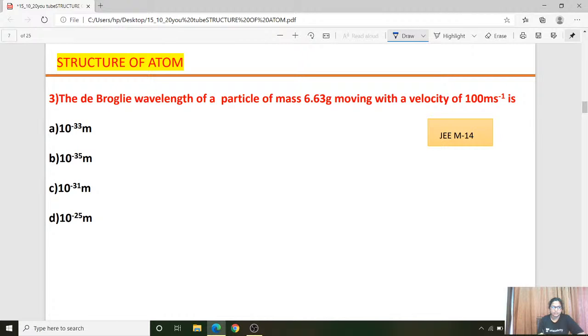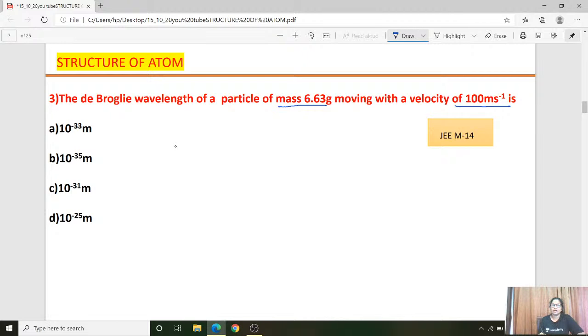The de Broglie wavelength of a particle of mass 6.63 gram moving with a velocity of 100 meter per second is: option A, 10 to the power of minus 33 meter; option B, 10 to the power of minus 35 meter; option C, 10 to the power of minus 31 meter; and option D, 10 to the power of minus 25 meter.